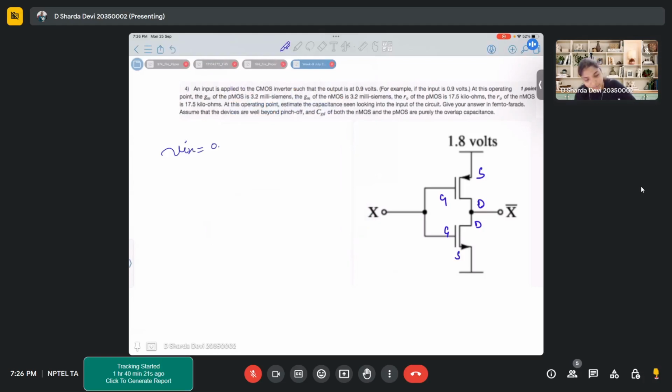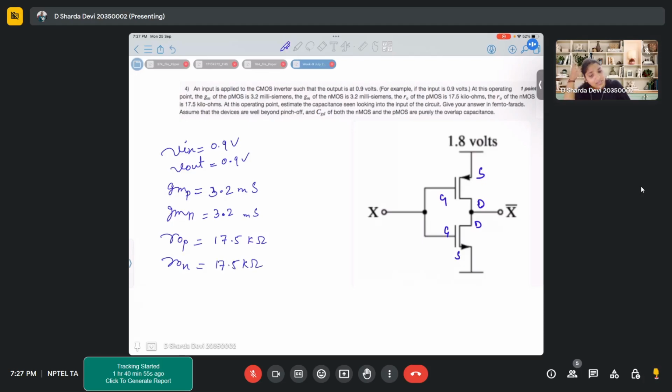V in is 0.9 volts, V out is also 0.9 volts. Now at this point, GM is 3.2 millisiemens. GMP, GMN is 3.2 millisiemens. R naught P is 17.5 kilo ohms, R naught N is 17.5 kilo ohms. At this operating point, estimate the capacitance seen looking into the input of the circuit.